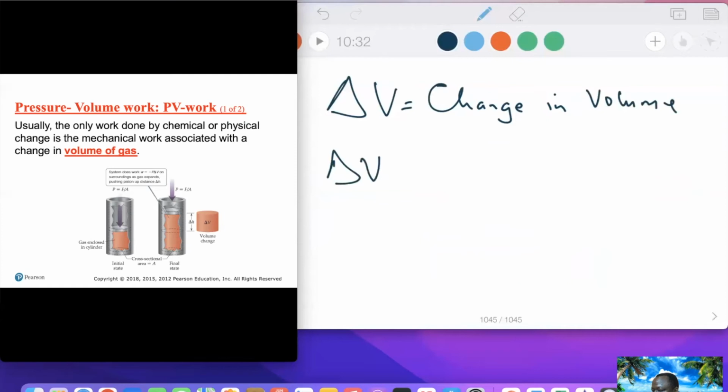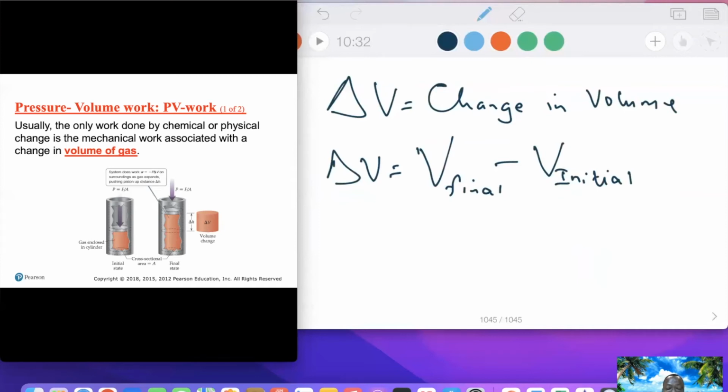Change in volume is given by V final, always have the initial, minus V initial. And remember, the unit has to be the same. If it is in liters, it's got to be liters. If it is in mL, change to liters.